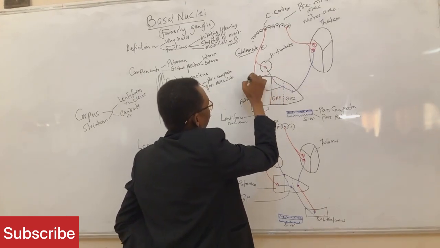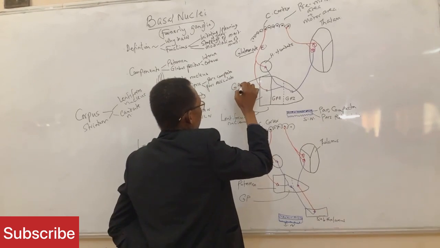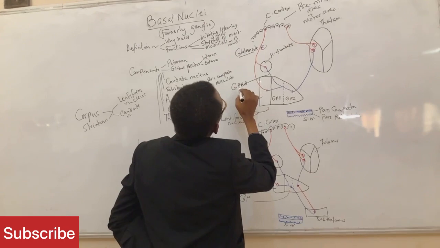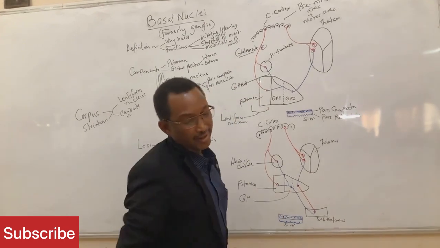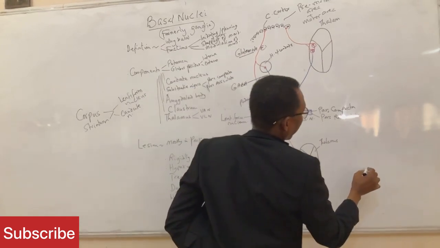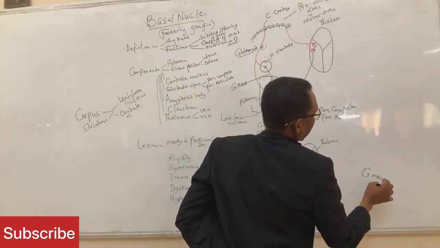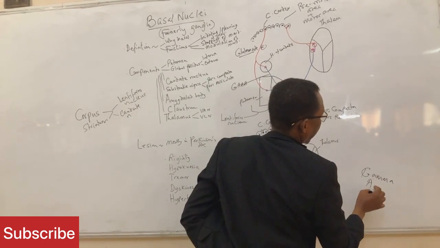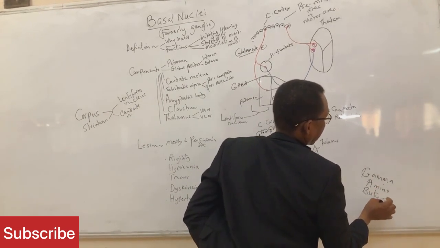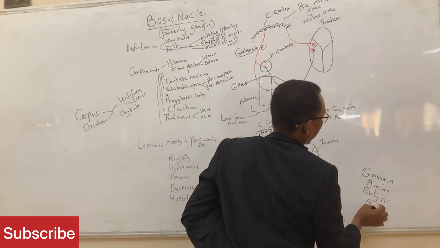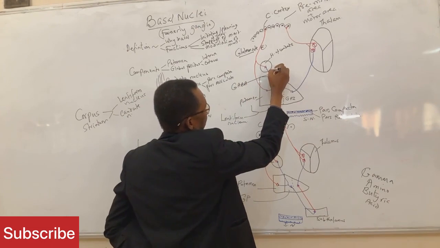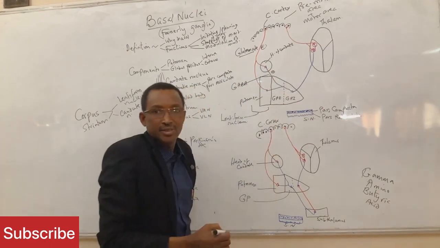So this second order neuron releases what we call GABA, gamma aminobutyric acid. So this gamma aminobutyric acid, this neurotransmitter here, inhibits.